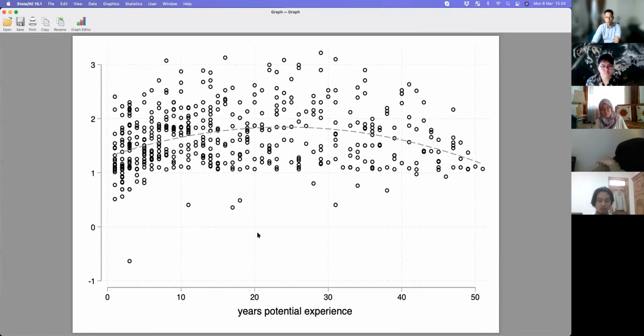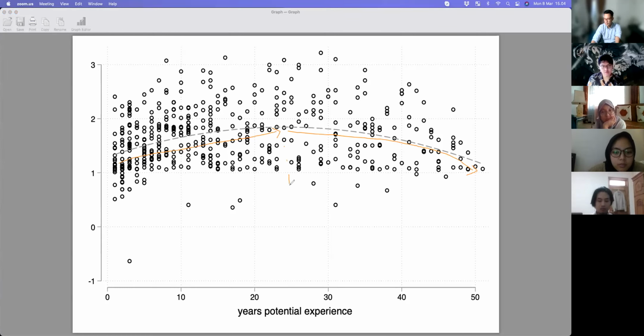This is the plot of years of experience on the x-axis, and log wages on the y-axis. As you can see, the quadratic fit illustrates that as you increase years of experience, wages increase up to a certain point, and after that they actually decrease.